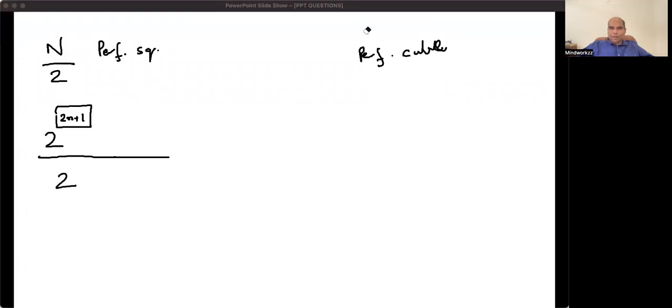So for example, every perfect cube will look something like this: 2 raised to 6 into 3 raised to 3 into 5 raised to 12 into 11 raised to 3. I mean, the moment one of these powers is 4, then this is no longer a perfect cube. Right? So now in the present question, we are told that if n is divided by 3, we get a perfect cube.